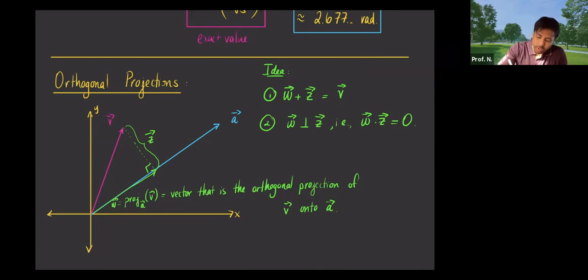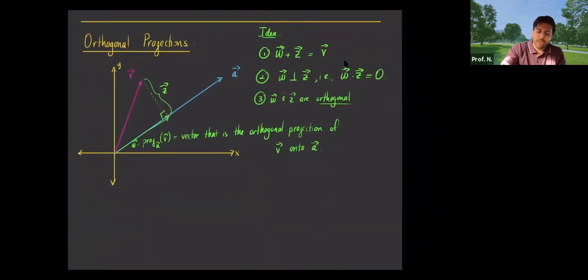So W and Z are orthogonal, in other words, perpendicular. And their sum makes up the original vector V. So that's the idea behind orthogonal projections.